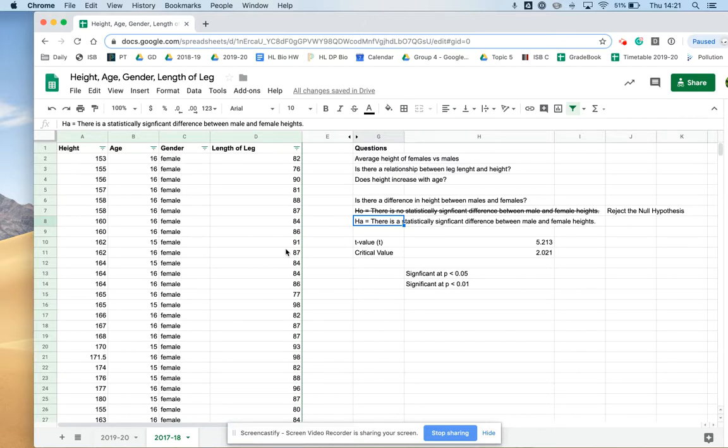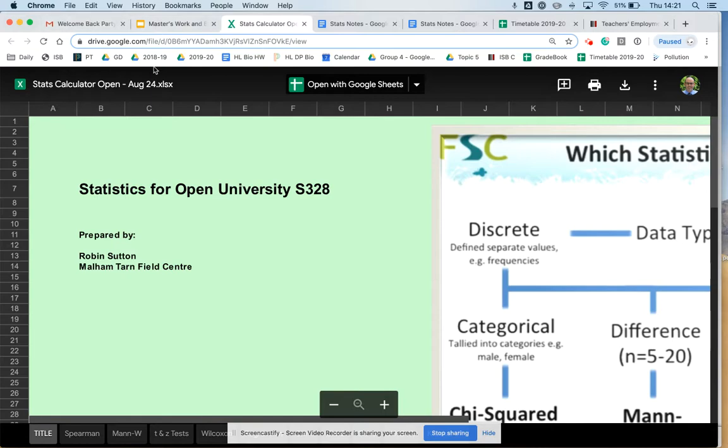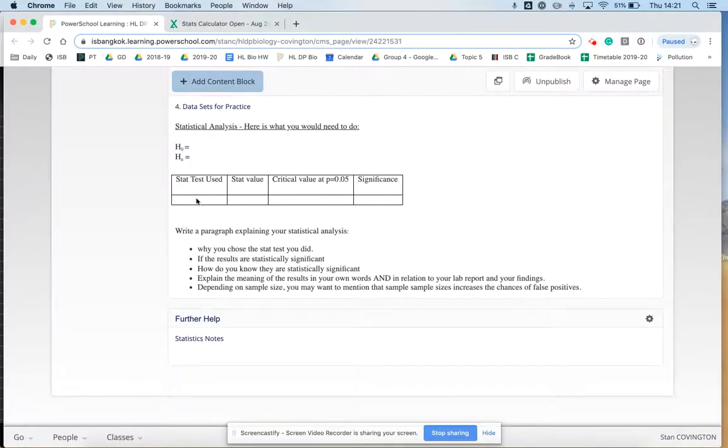So in the science lab, that's what you would write, okay? And then you would put your stat test used here, your value, your critical value, significance, yes. And then you would write a paragraph kind of doing this, okay?